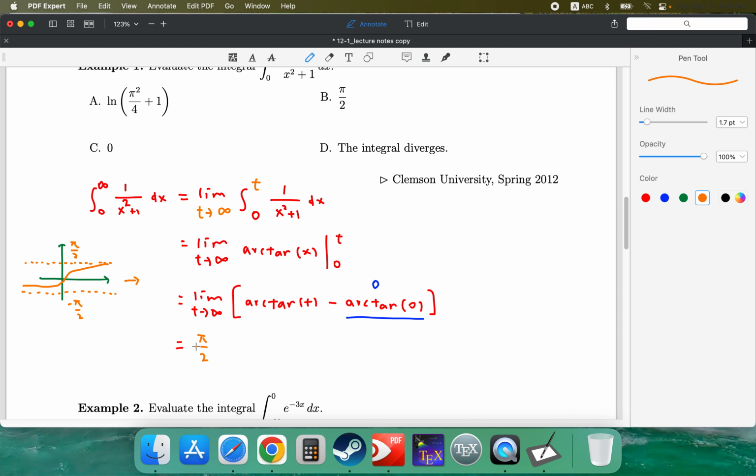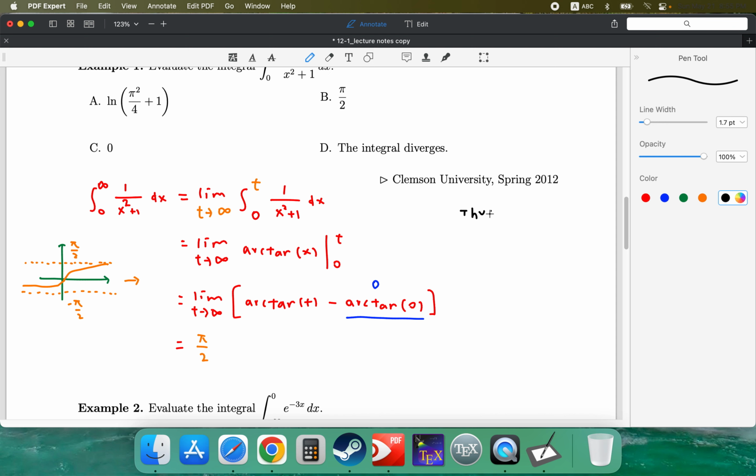Finally, don't forget to write a sentence. I know this is a multiple choice question, but let's say we have a free response question. You want to write a sentence to answer the question, to describe what you are doing here.